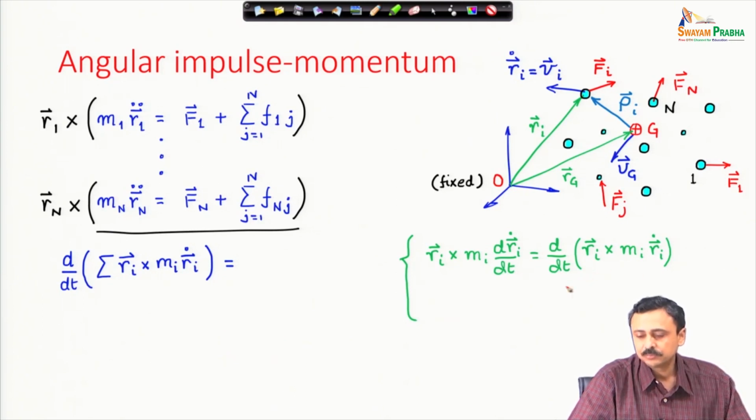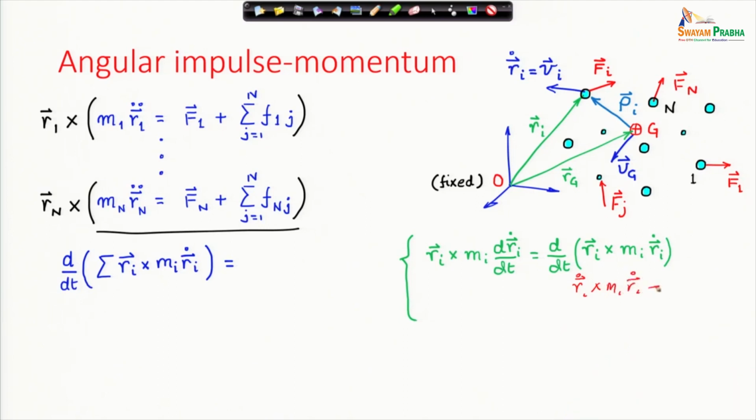Because if you take this time derivative, you will get r_i dot cross m_i r_i dot plus r_i cross m_i r_i double dot. Now, this term vanishes because it is r_i dot cross r_i dot, that is 0. Therefore, what we are left with is the term that you will obtain by summing over the left hand side of all these individual equations.